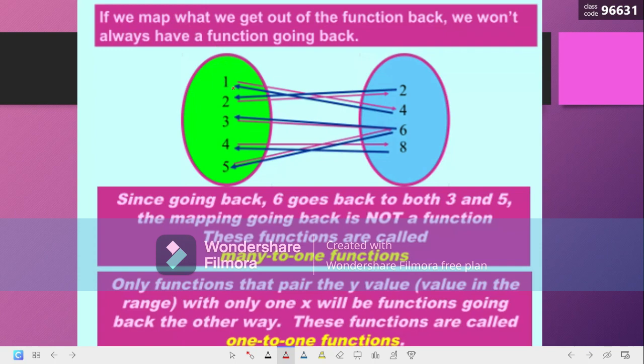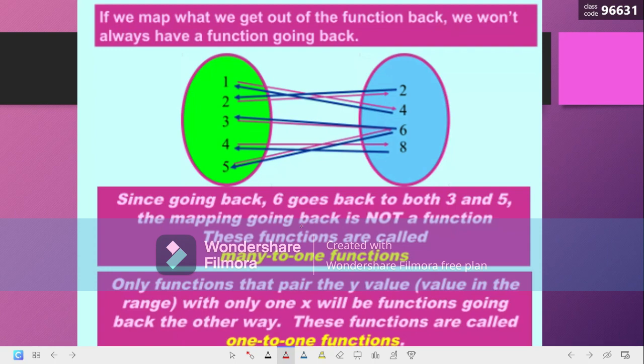Just like this one, our domain is 1, 2, 3, 4, and 5, and our range has values 2, 4, 6, 8. Remember, if this is our function, this is an example of a function because none of our domain repeats. However, if we go back from the range to the domain, as you've noticed, 6 goes back to both 3 and 5. 6 has a pair of 3 and 5.